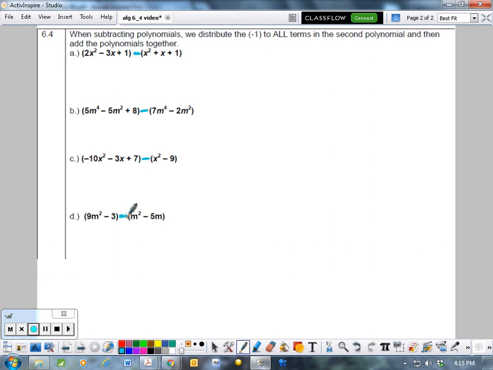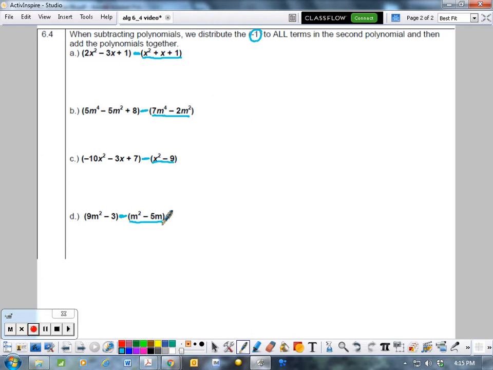And if I'm subtracting, then what I really do is I distribute a -1 to the second polynomial, because what I'm really doing is I'm subtracting everything in here. And I'm subtracting everything in here. And so what I'm really doing is distributing that minus, which is also a -1, inside.